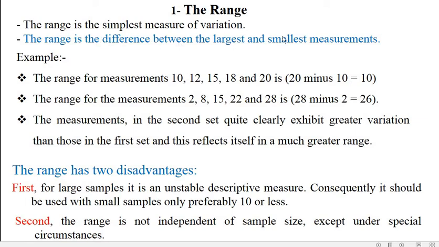For example, the range for the measurements 10, 12, 15, 18, and 20 is 20, the largest, minus 10, the lowest, equals 10. That's the range. The difference between the highest and the smallest observations of data.